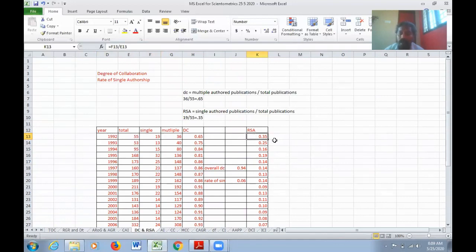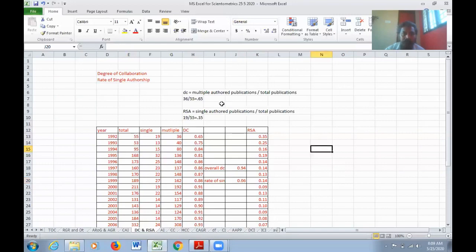So 0.35 is the rate of single authorship. That means out of 100 papers published in 1992, 35% of the papers are born out of single author contribution. If you total degree of collaboration and rate of single authorship, that will be equal to 100. Fine. So we can do this for all the years, and you can even calculate the mean rate of single authorship for the entire period also.